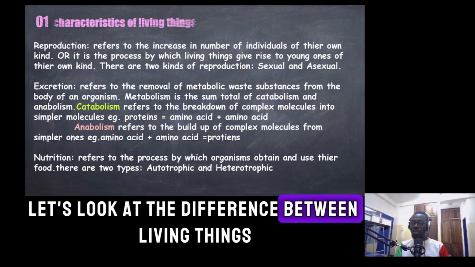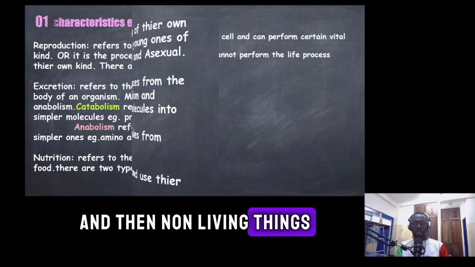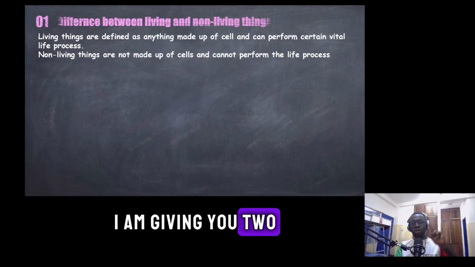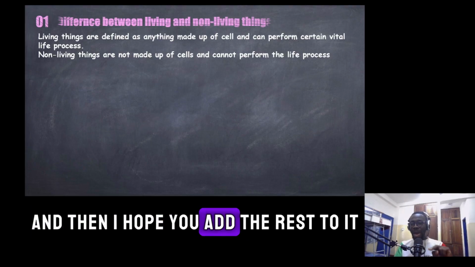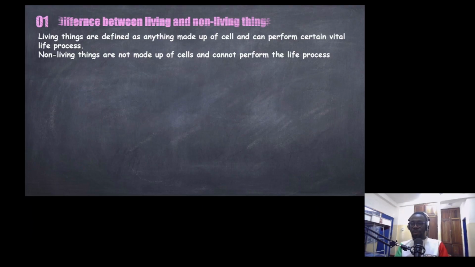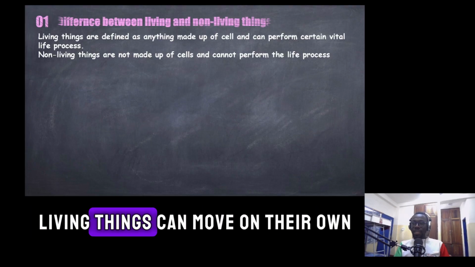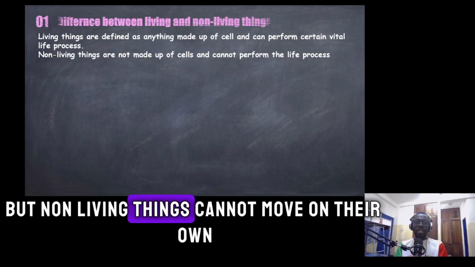Let's look at the difference between living things and non-living things. I am giving you two, and I hope you add the rest to it. Living things can move on their own, but non-living things cannot move on their own.